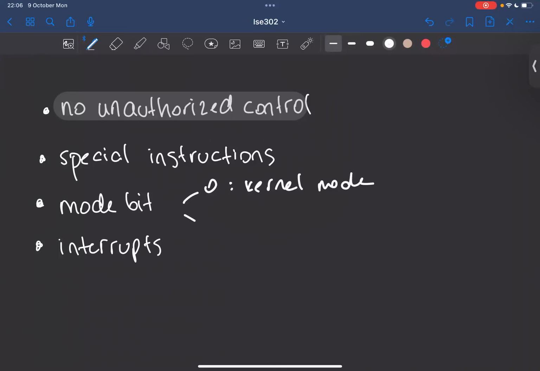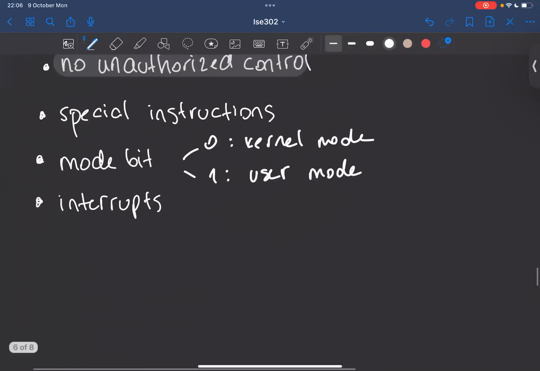Okay, when it is 1, it's in user mode. And for the interrupts, if something urgent happens, like an error or special request, the computer switches to kernel mode automatically. It's like calling for help, making sure the right tasks are handled safely.